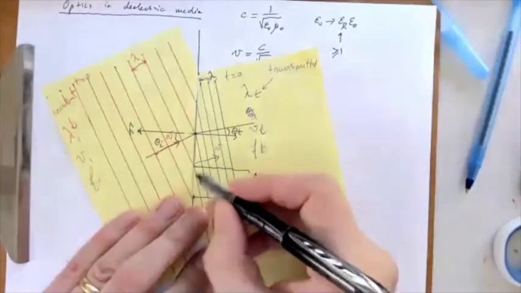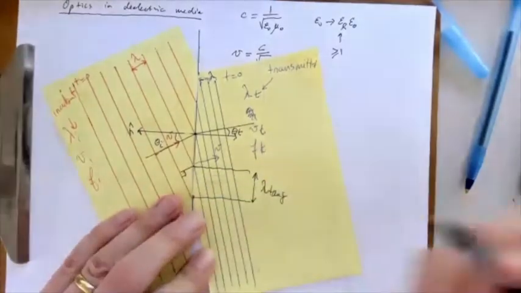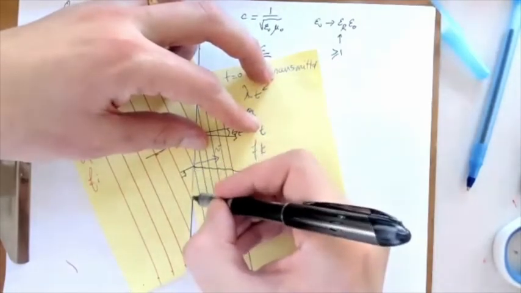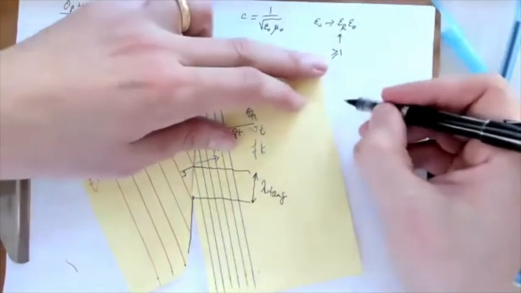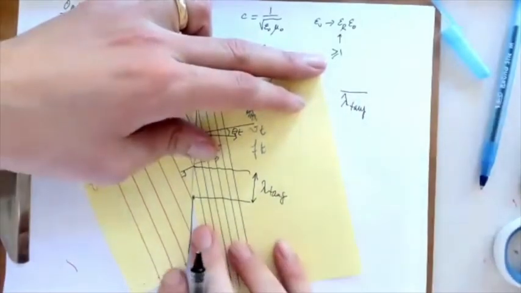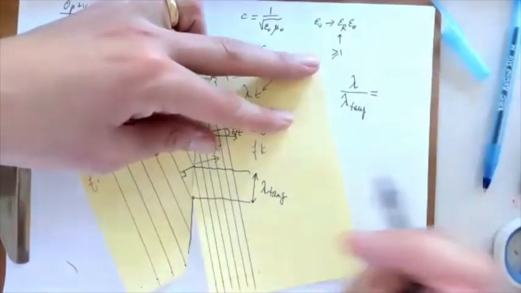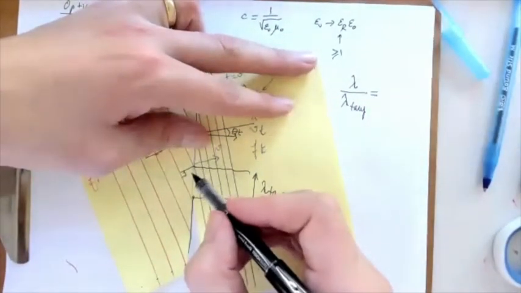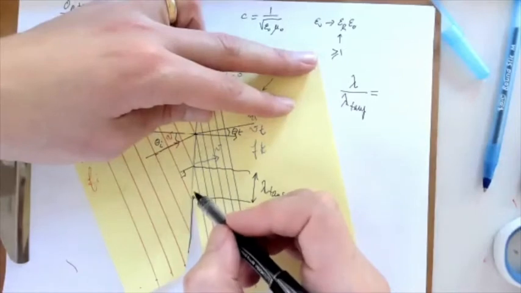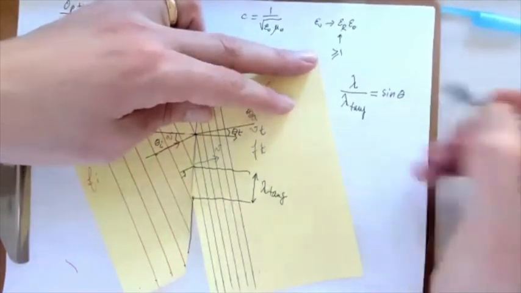Okay, so lambda tangential and the actual lambda make a right angle triangle, and that ratio of lambda to lambda tangential is the sine of theta.